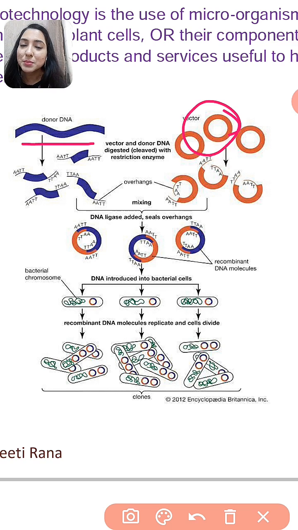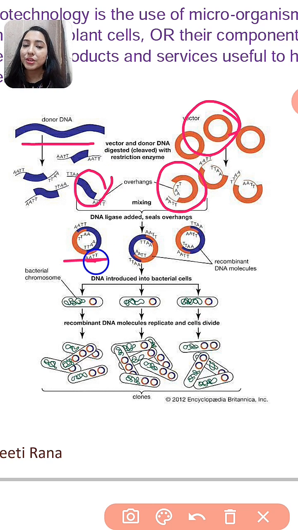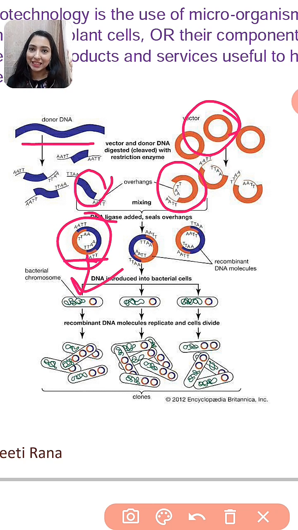The donor DNA has been cut into various fragments using restriction endonuclease enzymes, and likewise the vector DNA has also been cut into fragments. Then both the vector DNA and the fragment of donor DNA have been joined together using the ligase enzyme, and that hybrid DNA has been incorporated in the host cell, where it multiplies itself to form its clones.